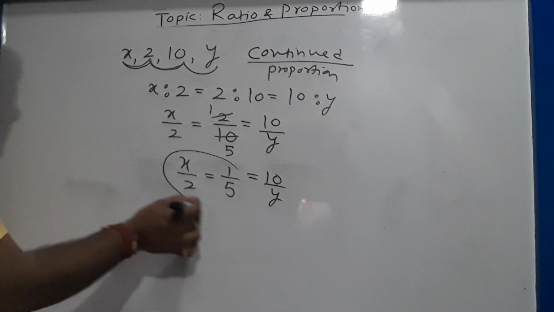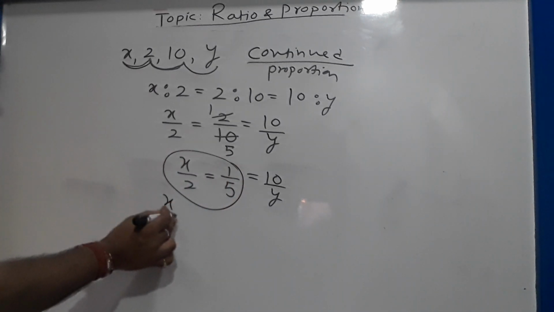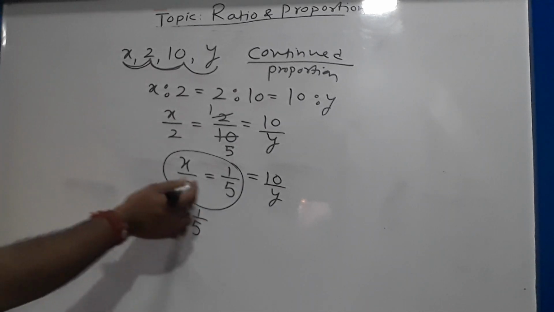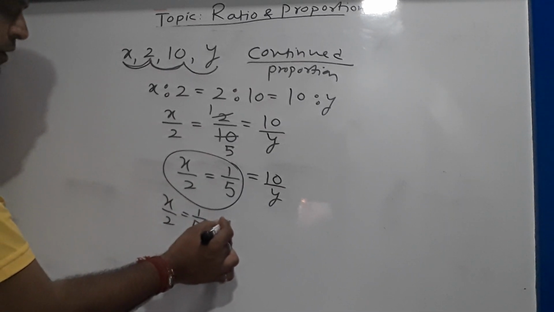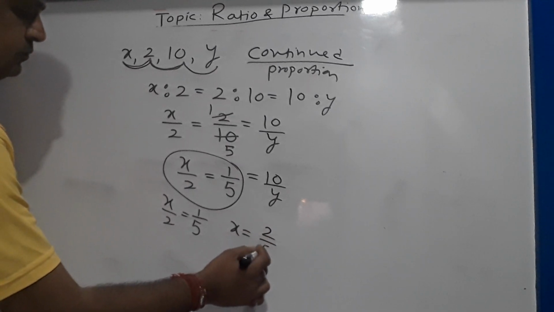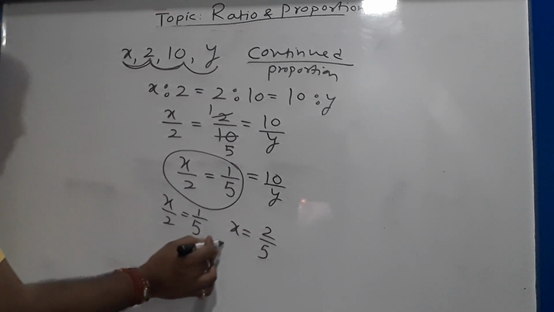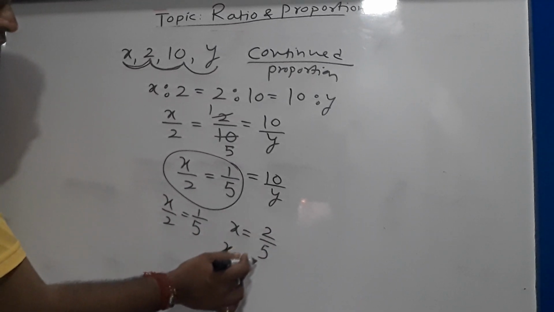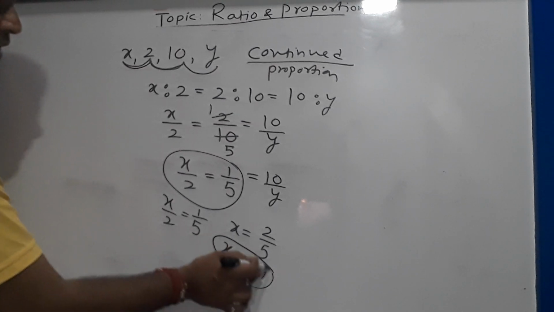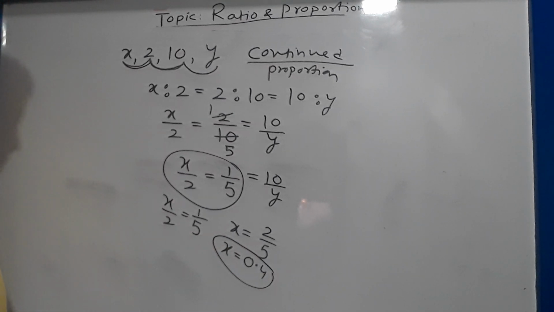I will take first these two ratios: x upon 2 is equal to 1 upon 5. There is equality, so cross multiply. x is equal to 2 upon 5, so x is 2 divided by 5, which is 0.4. Yes, the x value is 0.4.